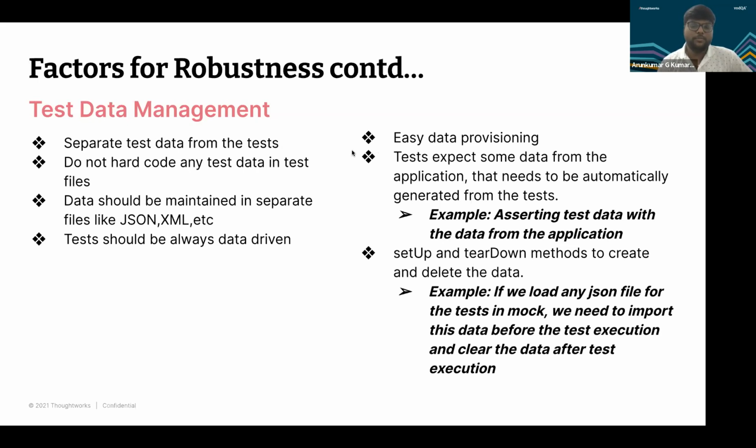When it comes to BDD, behavior-driven, we can also go with the BDD approach for our robust framework. Only the Gherkin part alone we can write in normal English, and all the other functionalities we can have. So I would suggest both BDD and TDD, but we'll try to separate them: TDD we can mostly use with unit testing, and for E2E we can mostly go with BDD.